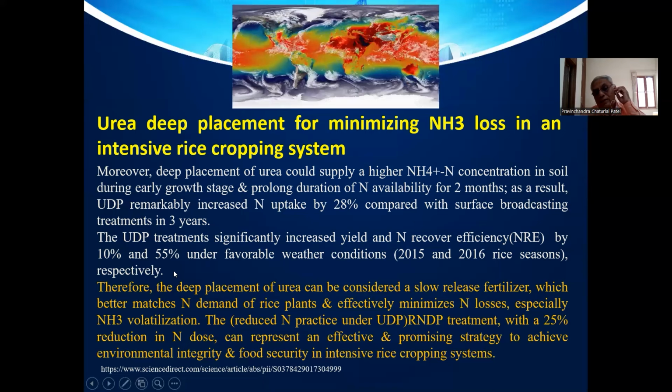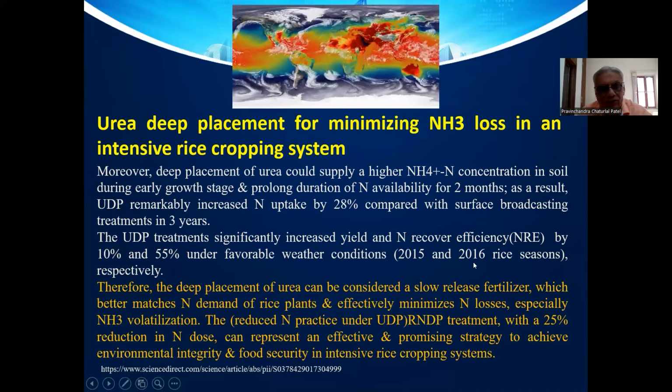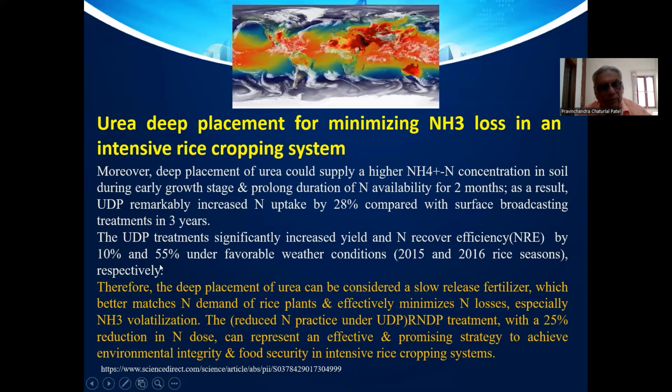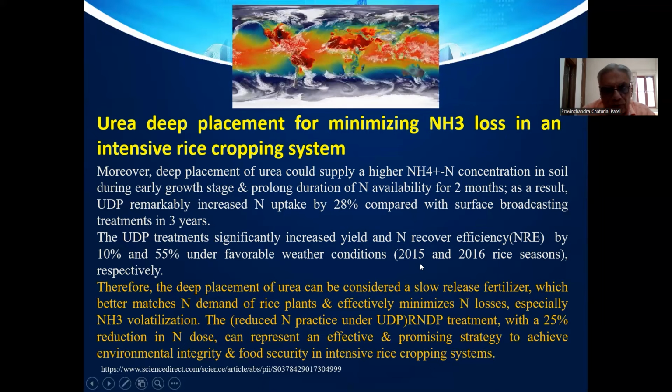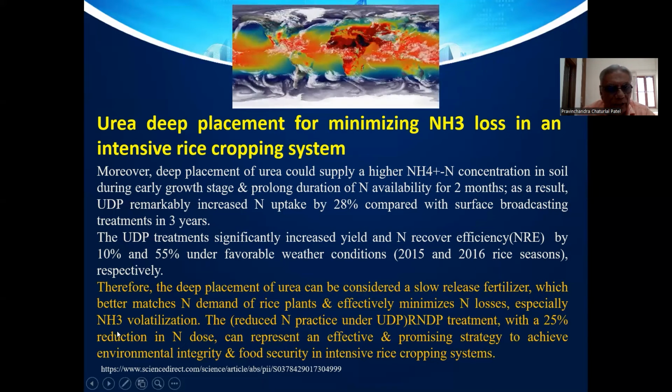So in China, they have conducted the experiment for 3 years, and in 2015 and 16, on the basis of the two rice seasons, they have concluded that the yield and nitrogen recovery efficiency have increased 10 and 55% during 2015 and 2016 rice season respectively.